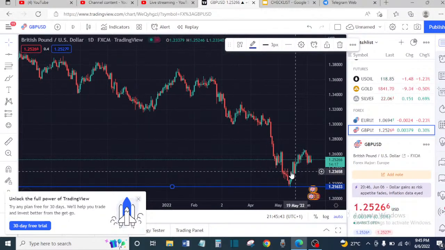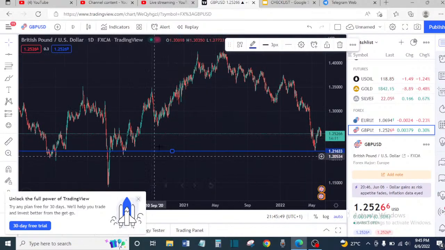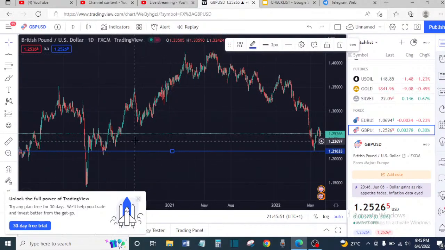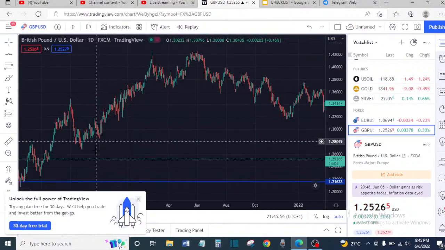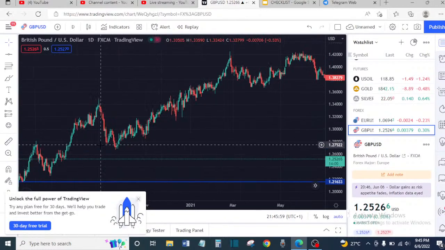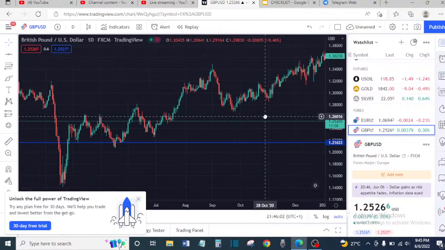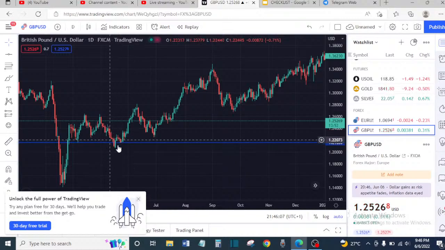We are using the daily charts right now to check. This is where price had a reversal, this line, and this is the spot here.